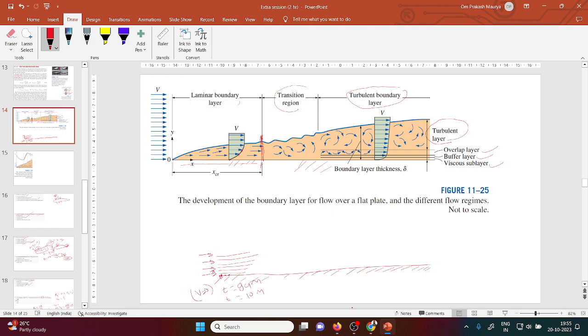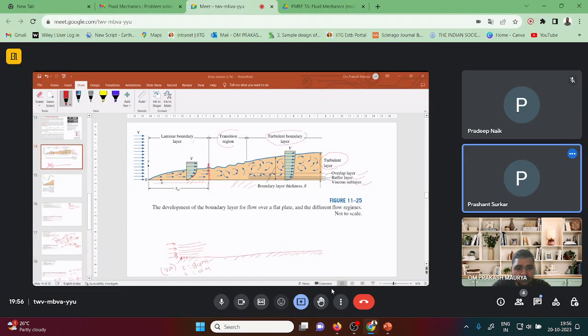If the velocity and everything else is the same, then it will be the same condition. There is no effect on the velocity profile at a particular location if everything is the same. I hope you are getting it. Okay, now we'll move on to the next question.